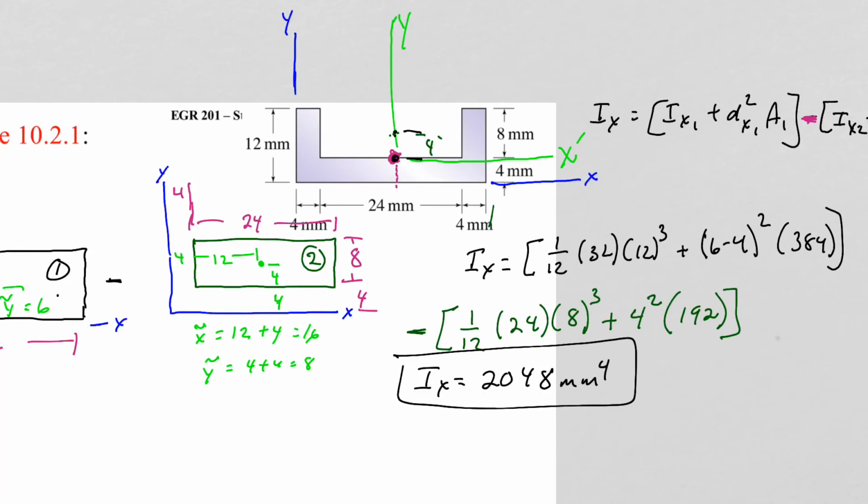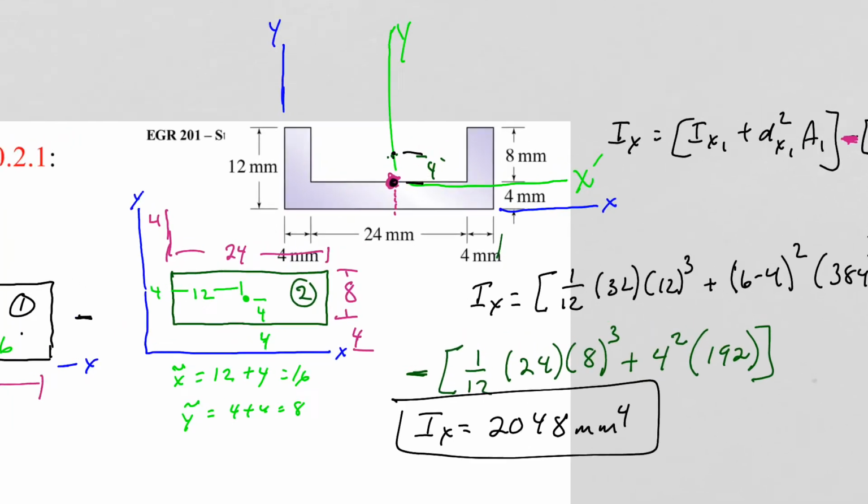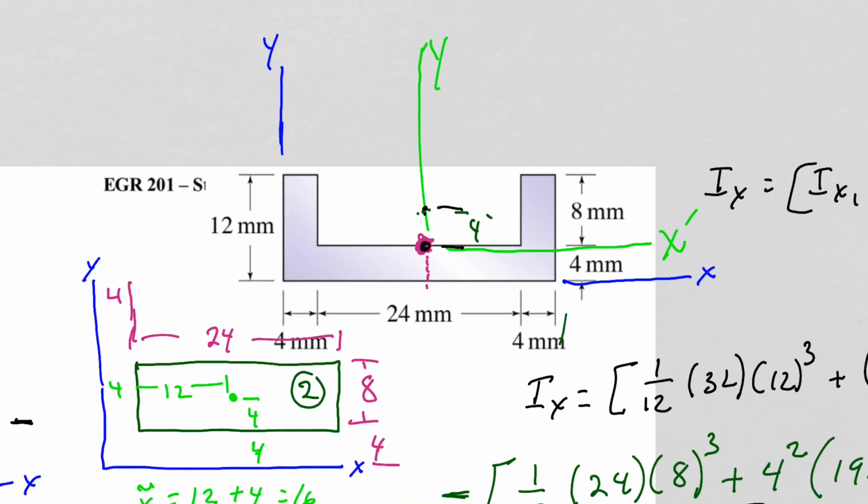Now we need to figure this out about the y-axis. Before I do that, let's look at this. We've got some value for the moment of inertia about the x-axis, with material up here and material down here below it. Now we're going to calculate about the y-axis. Do you think the moment of inertia about the y-axis will be larger or smaller than the x-axis?